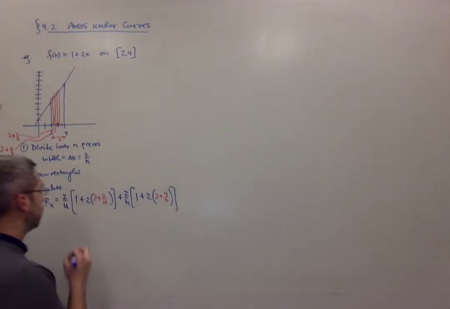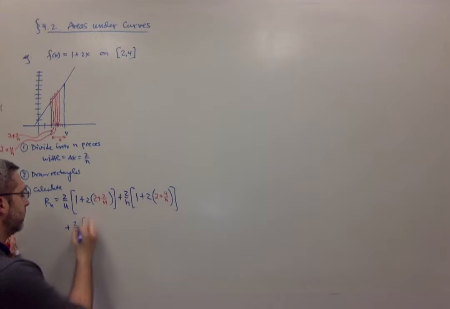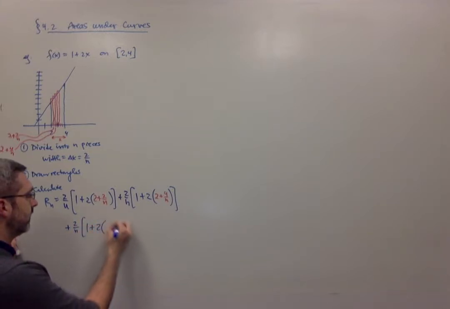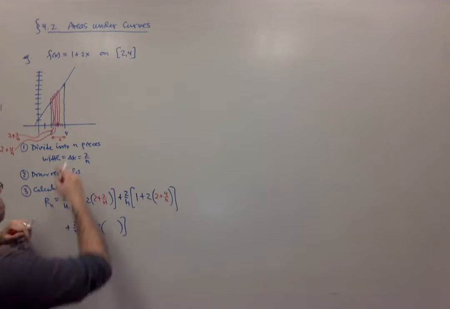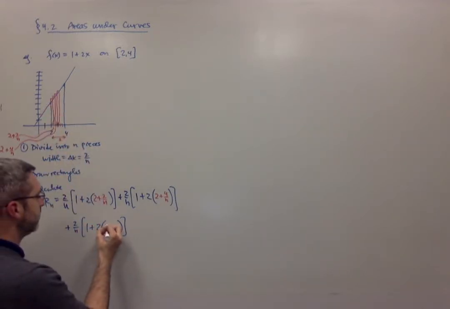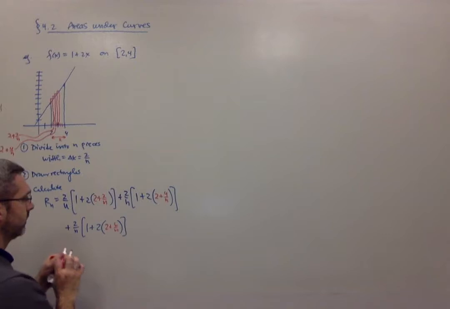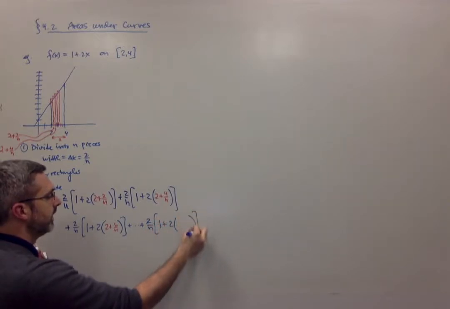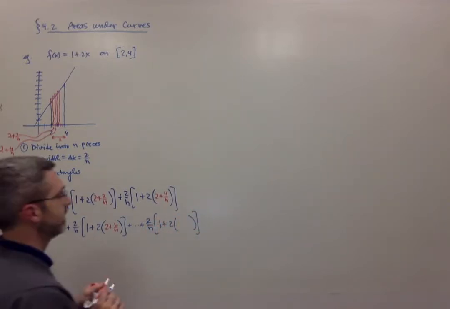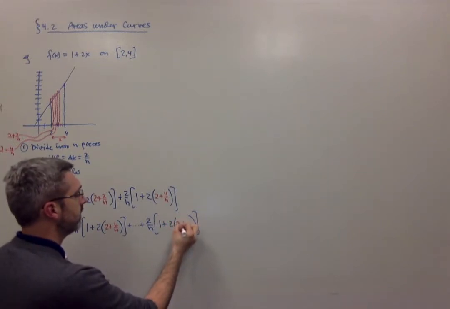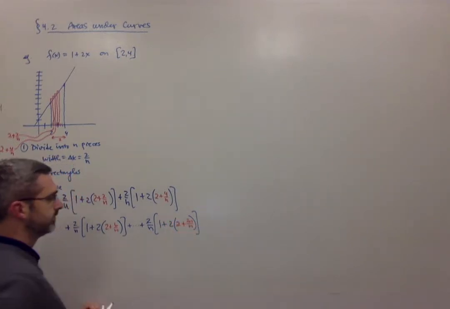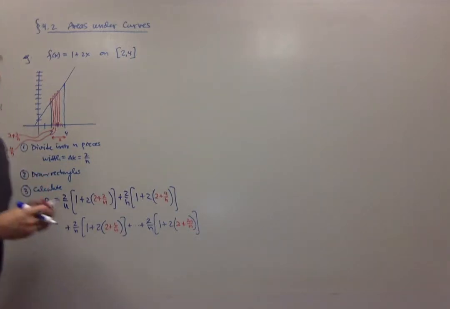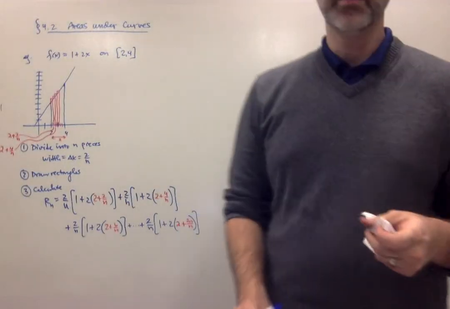The next rectangle has width 2 over n, and height, what I get when I plug the next point into the function, well, the next point is going to be 2 plus 6 over n, dot, dot, dot, and then the last rectangle is going to be 2 over n, and what I get when I plug 4 into the function, in other words, 2 plus 2n over n. Okay? Kind of makes sense? Those are my areas of my rectangles.